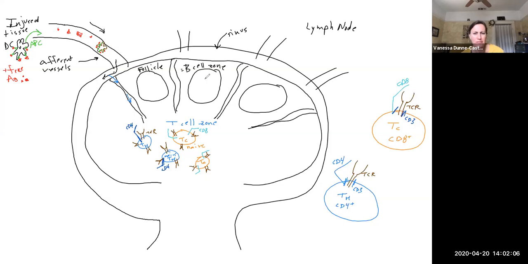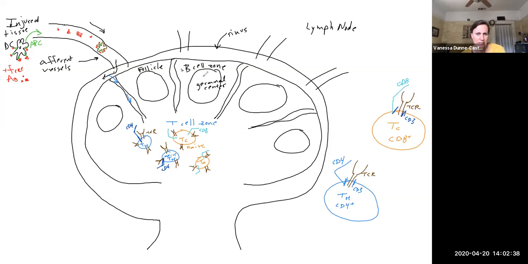And once you have proliferation, so once you have a B cell that's activated, they form these things called germinal centers on the inside. And so you'll see these B cells aggregate in one particular area. So the germinal centers are part of the follicles that can be formed upon B cell activation. All the B cell zones are hanging out on the outside region, and the T cell zone is here on the inside.